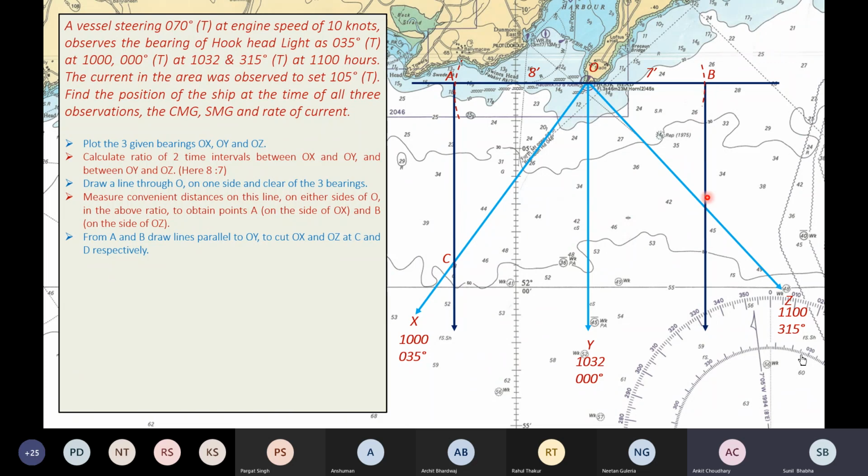The line I have drawn cuts my third PL, the OZ PL, at this particular point. Let's name this point D. So we can see the C and D points marked on our plot.